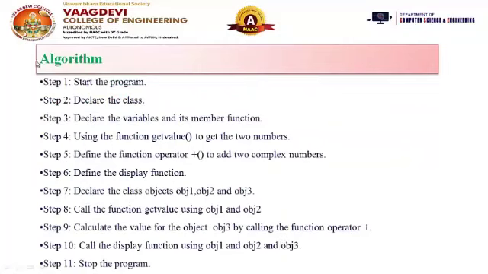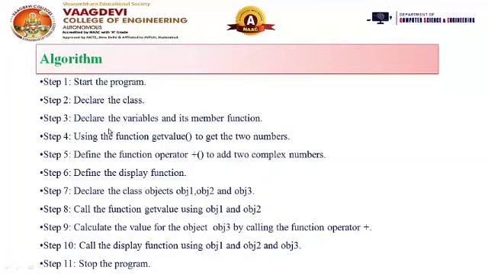Algorithm for operator overloading. In this algorithm, we'll be discussing several steps which are involved in executing a program on operator overloading. The first 3 steps of this algorithm are to create the class and define variables and member functions of that class.